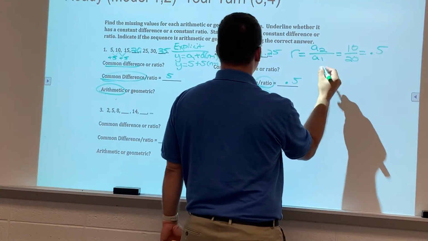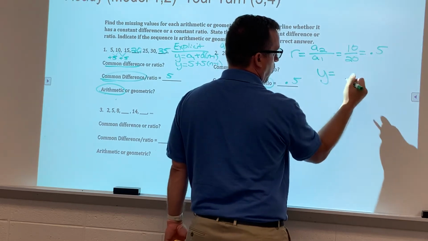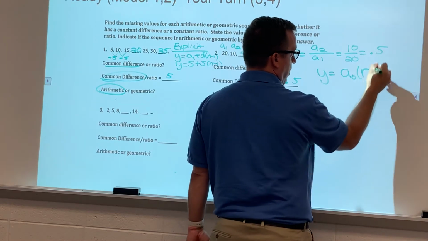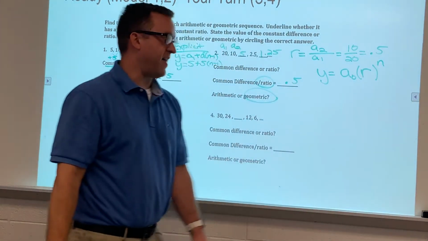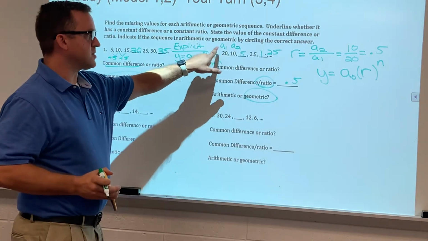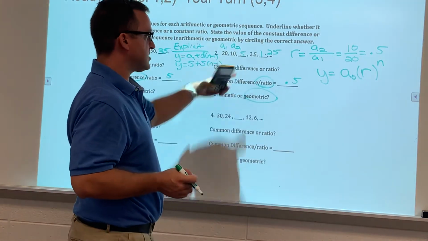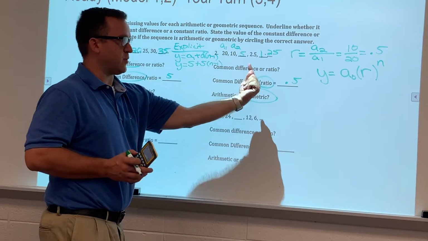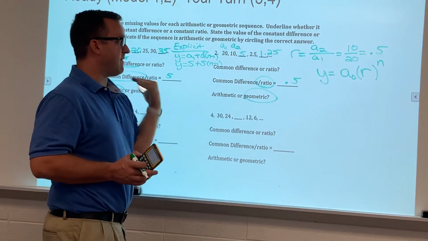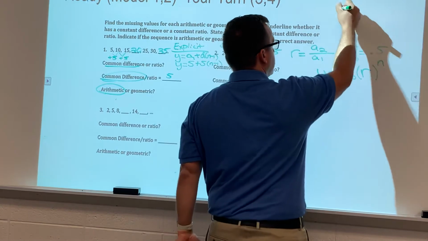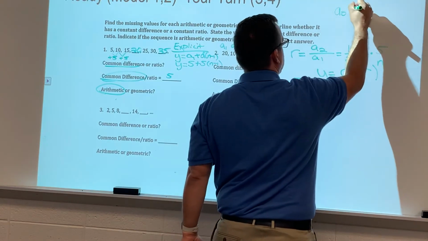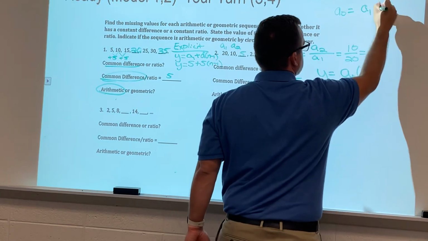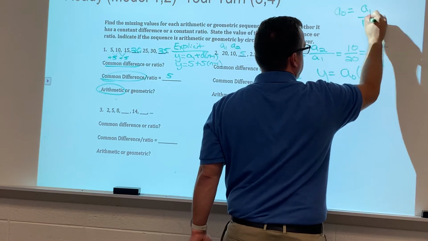So for an explicit formula, I'm going to write y is equal to a sub 0 times r to the nth power. Well, we have the first term is 20, so I have to work backwards. If I'm timesing by 0.5 to move to the right of the sequence, I do the opposite and divide by 0.5. So to get a sub 0, I'm going to take a sub 1 divided by the common ratio.